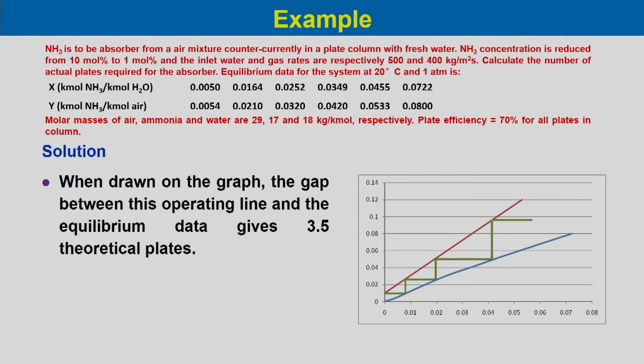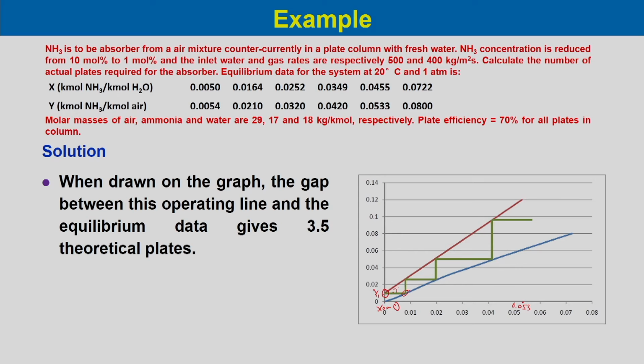So, you can just look into the graph and you have the initial point, which is capital X naught, which is basically X2 is 0, and Y1, which is over here. So, this is Y1. This point is known, and the final composition will go to 0.053. So, you start from here and then move to the equilibrium curve from the mixing point.